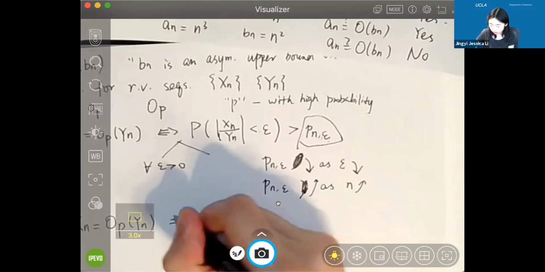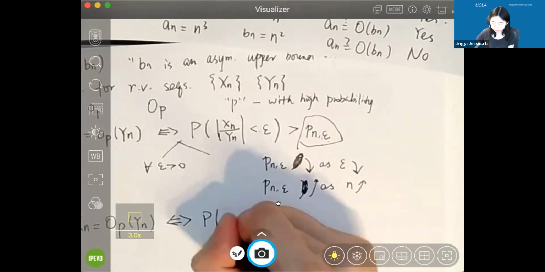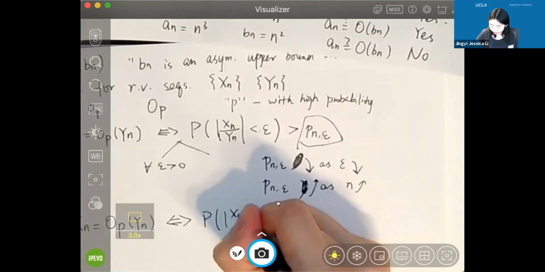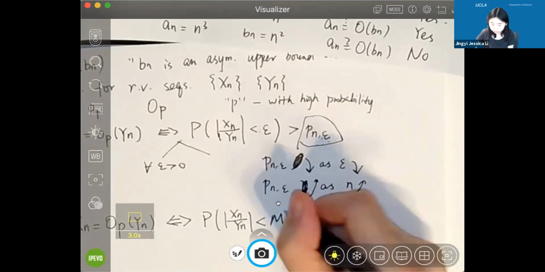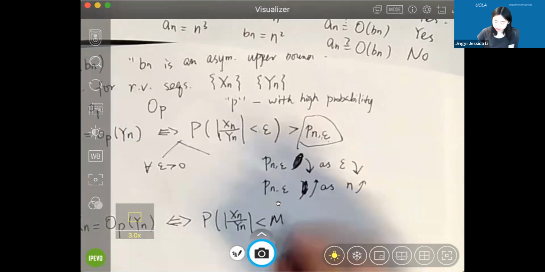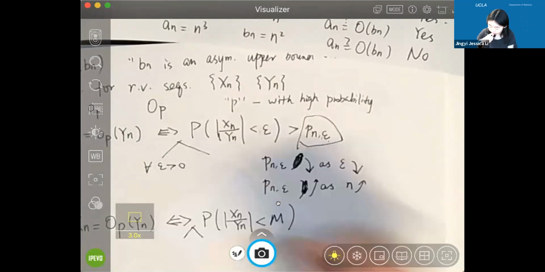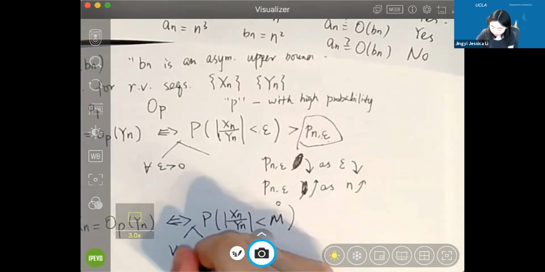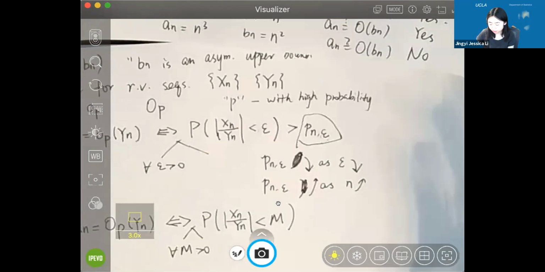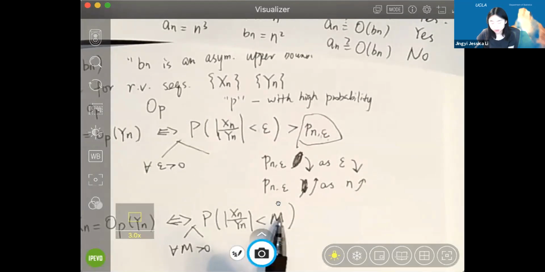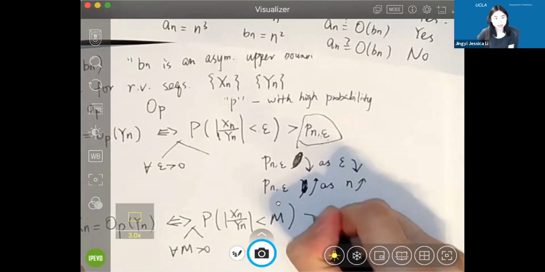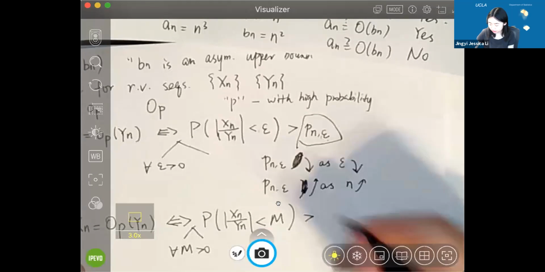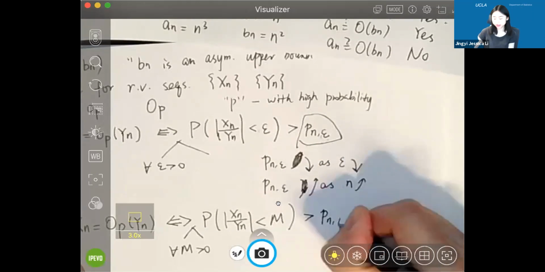So we would have the probability that Xn over Yn is controlled by some upper bound here, and this is for any epsilon greater than 0. For any upper bound, the probability that this is controlled by the upper bound, that means it's bounded in probability, this thing would also be greater than some lower bound we call P_n(M).